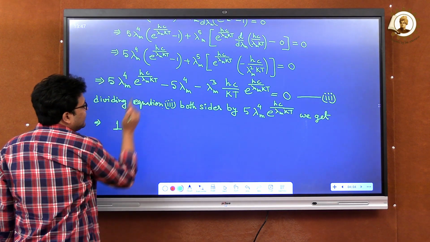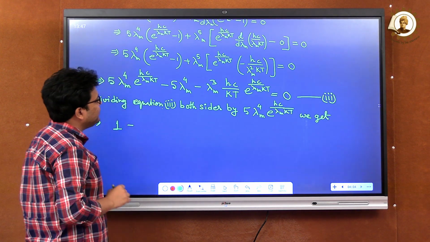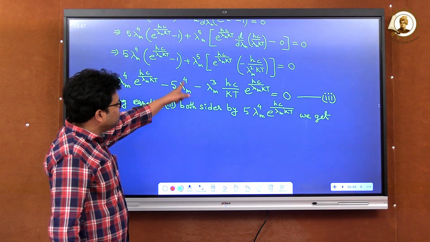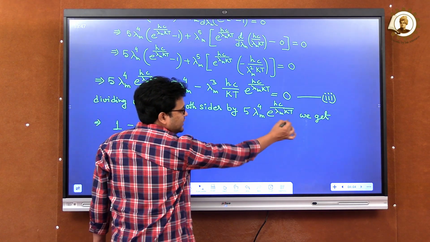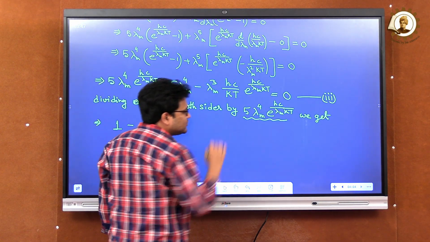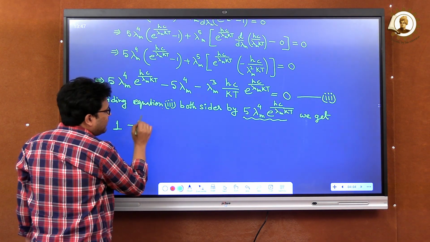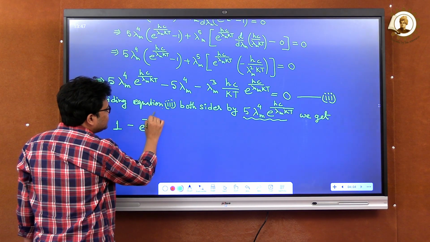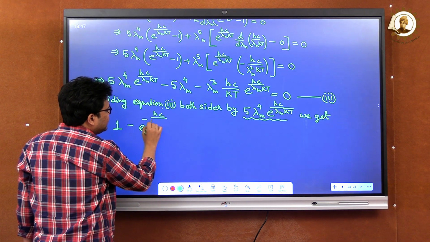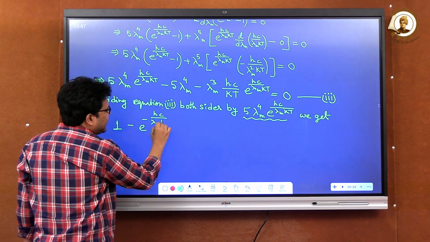Now what about the second quantity? If we divide 5 lambda m to the power 4 by this quantity, then it results in e to the power minus of hc by lambda m kt.